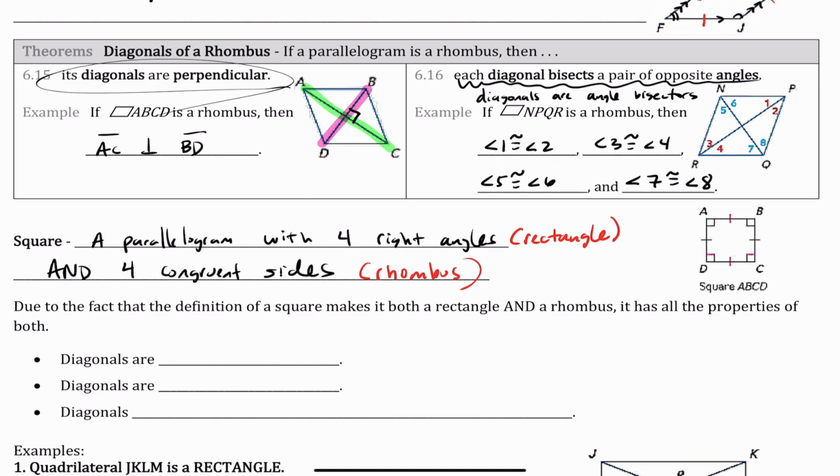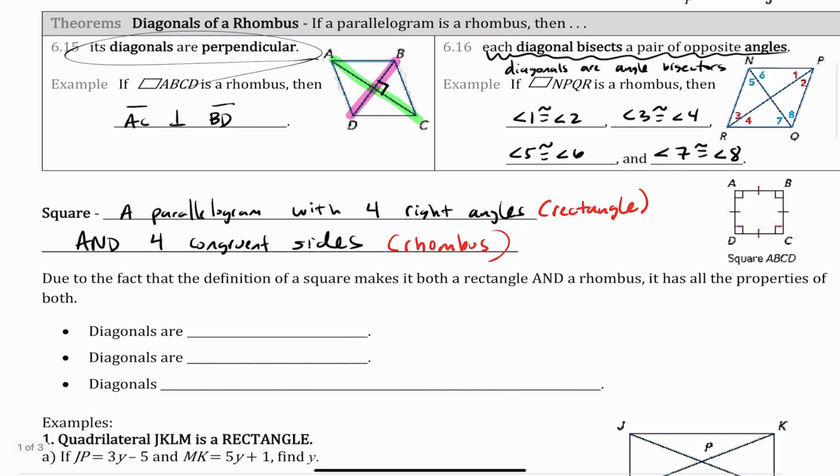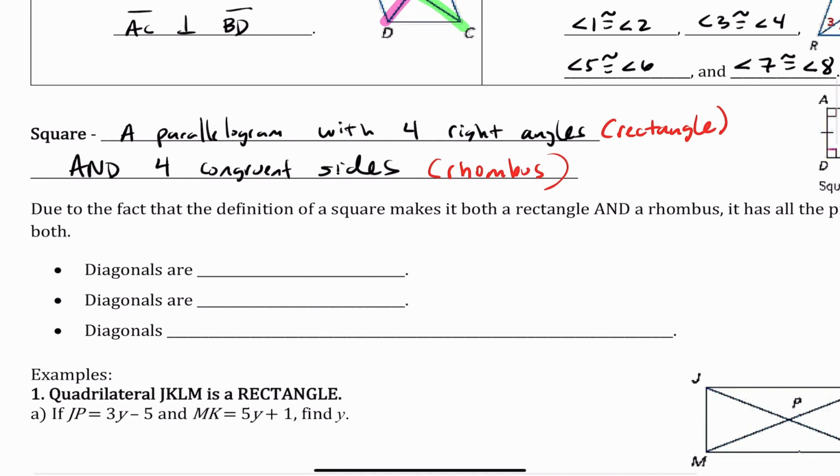Remember, it is a parallelogram. It has all those properties that we talked about. We can go ahead and say the diagonals are congruent and bisect each other, right?